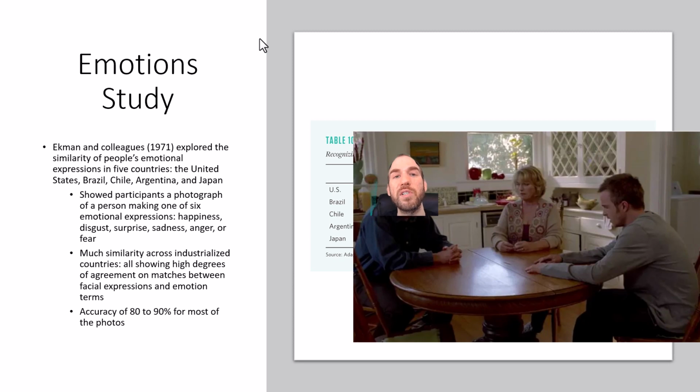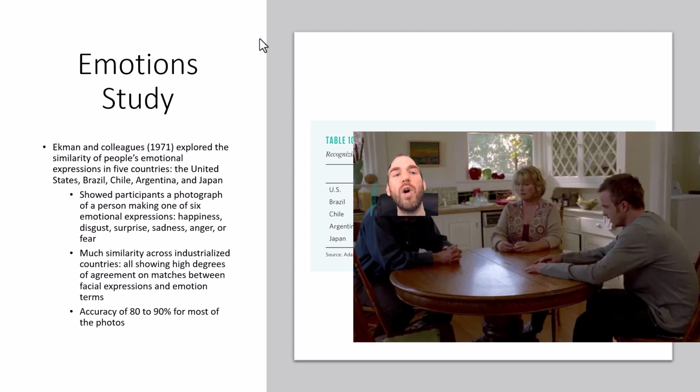So basically what the researchers did was show a photo of a man smiling or a man or a woman frowning, and then asked the participants, from one of those 5 countries, hey, what emotion is this conveying to you, or what emotion is the person in this photo making? If the person is smiling, hypothetically, then a participant will say, oh, that means happiness.